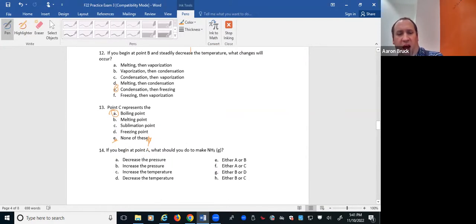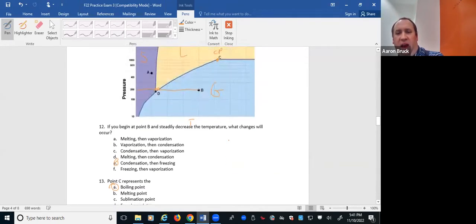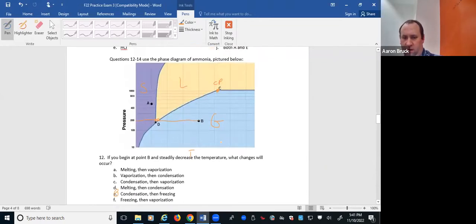If you begin at point A, how can you make gaseous ammonia? Okay, so point A is firmly in the solid region. I've got two options there.